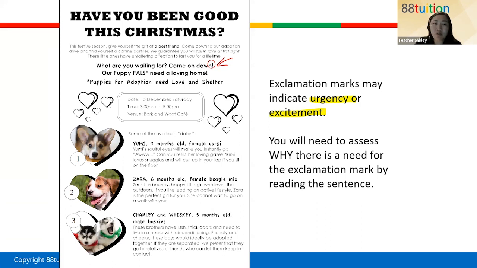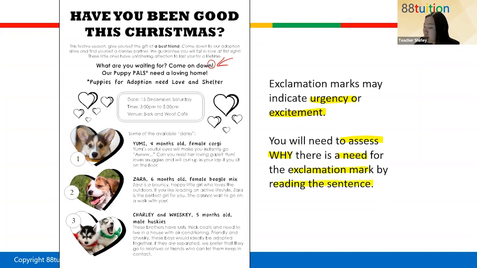Okay, and they might just ask you what is the writer trying to imply? What is the writer trying to say? So you have to make sense of why this writer chose exclamation mark. Is it for urgency? Is it excitement? It's not always excitement. Sometimes it's because of urgency, right? So you need to assess why there is a need for an exclamation mark.